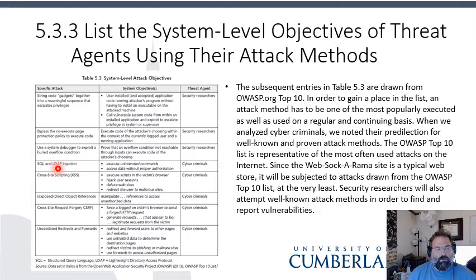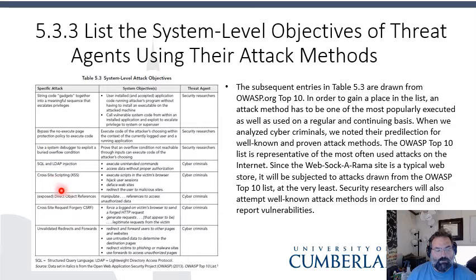So SQL and LDAP injection, yeah, cyber criminals are going to go after that because it potentially gives them access without proper authorization. Same thing with cross-site scripting, direct object reference, and cross-site request forgery.